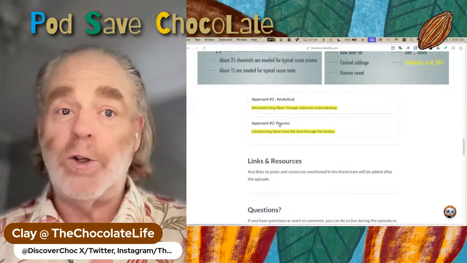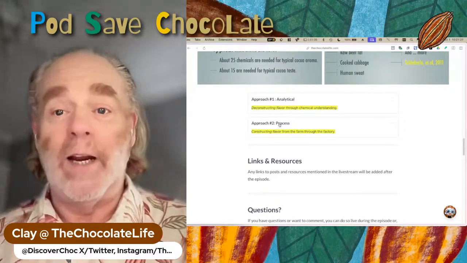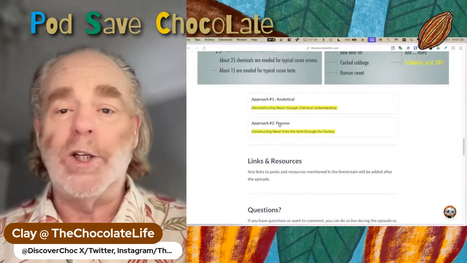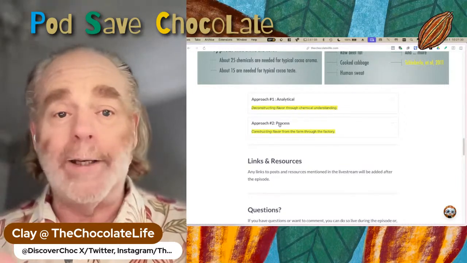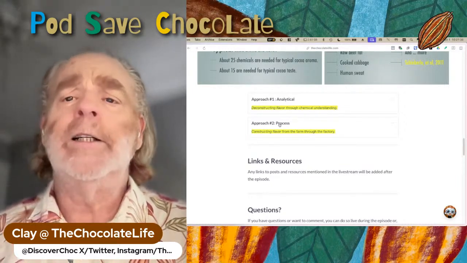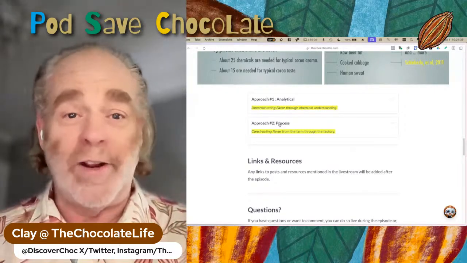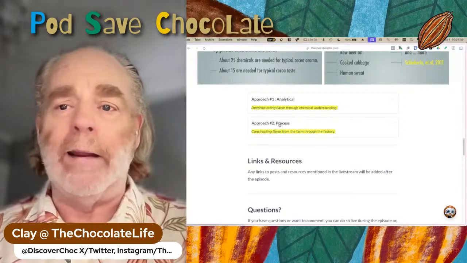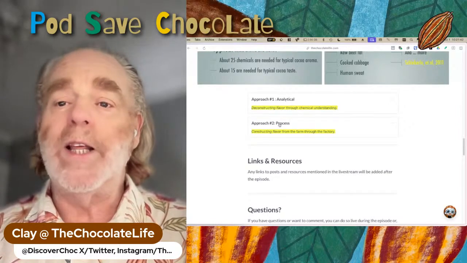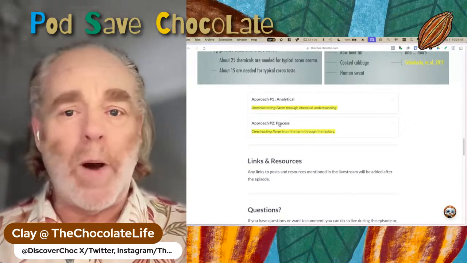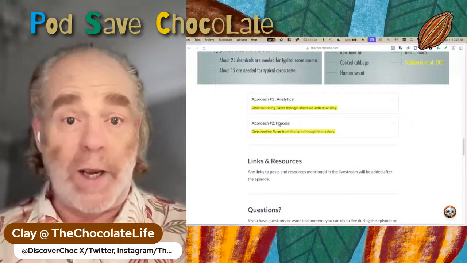So the parent tree represents, right, one aspect of the potential, but that potential is also modified by the genetics of the tree that provided the pollen for the flower that eventually grows into a pod. And so if I am a tree that is self-compatible, maybe the pollen is coming from a flower on the same tree.